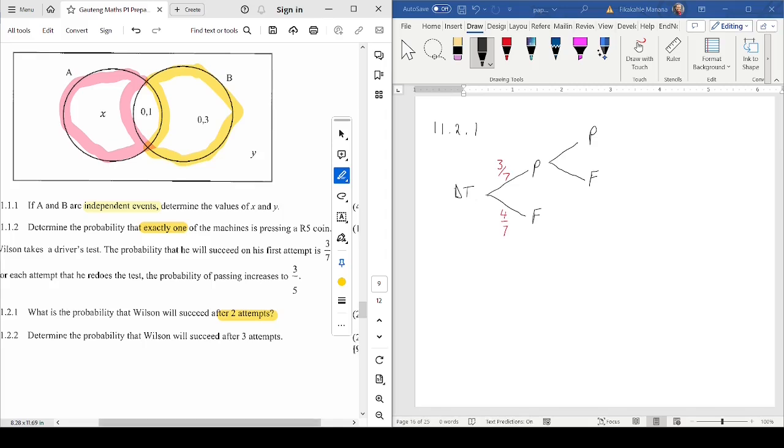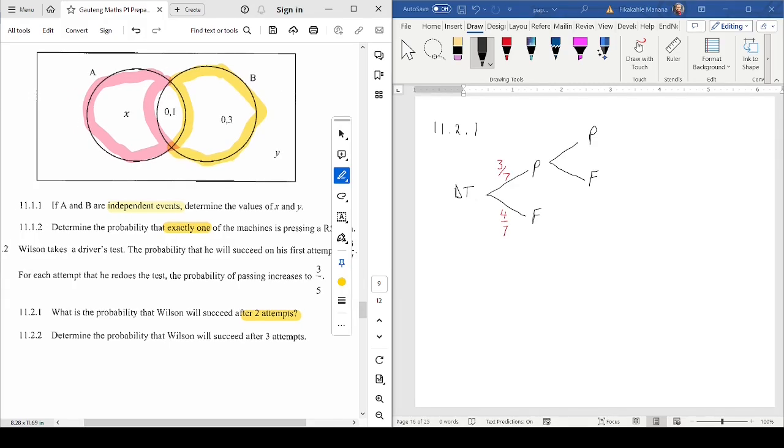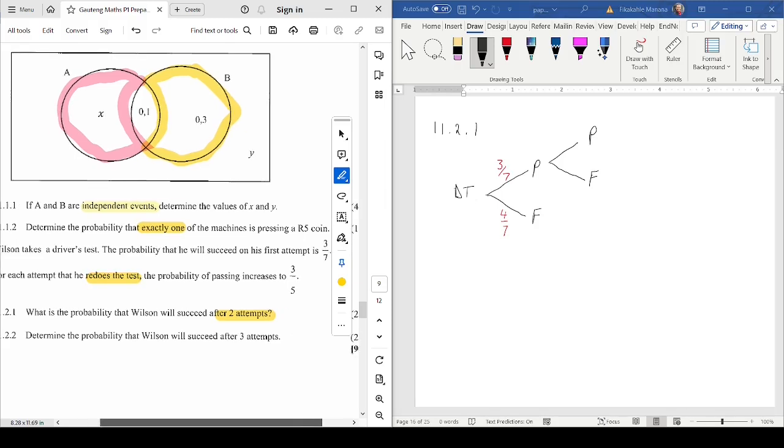The question says, if you read it carefully, for each attempt that he redoes the test, the probability of passing increases to 3 over 5. That he passes, that English word. So that means for passing it is 3 over 5 over here. Now remember that its complementary event must be 5 minus 3, which gives us 2 over 5.